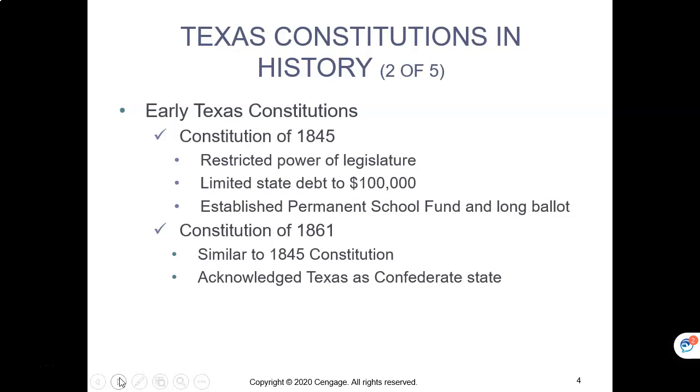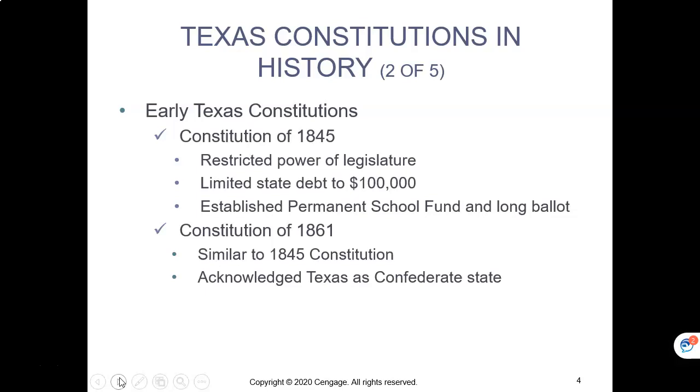So in 1845, Texas was admitted to the United States as a state. And immediately, federal troops were dispatched to help defend, and they helped to settle parts of West Texas because of their military might.